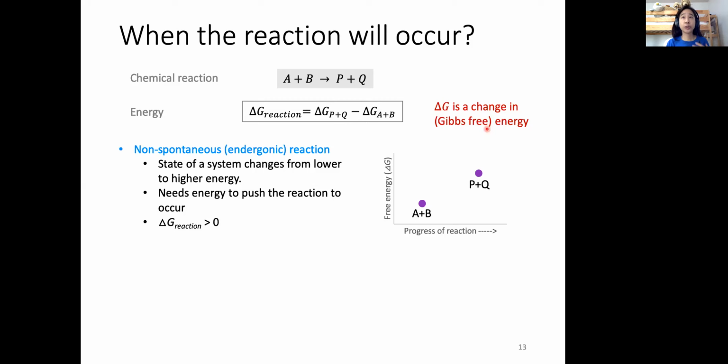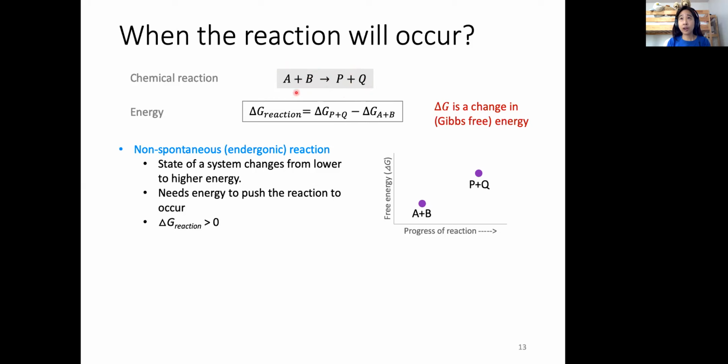Here is our chemical reaction: A plus B, where A and B are reactants. After the reaction occurs, you get products P and Q.